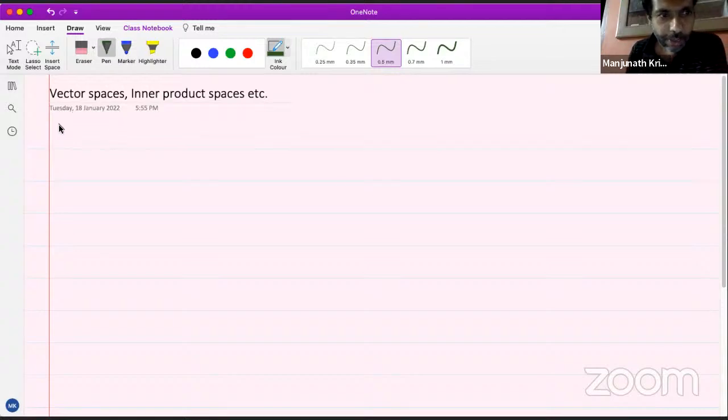So I will start with some abstraction. Vector spaces. So what are vector spaces? Vector space V. You all know the definition. I'm not even going to write a definition. It is a set with two operations, right? Here we will only consider vector spaces over real or complex numbers.